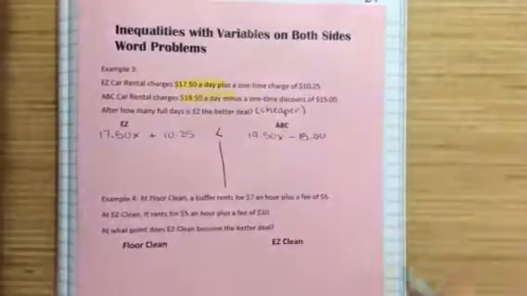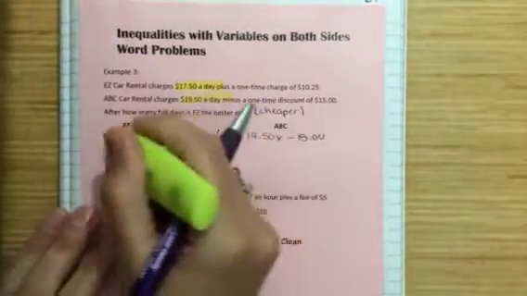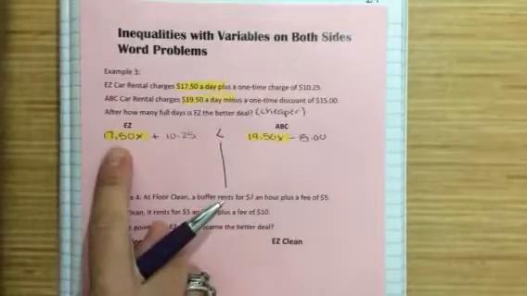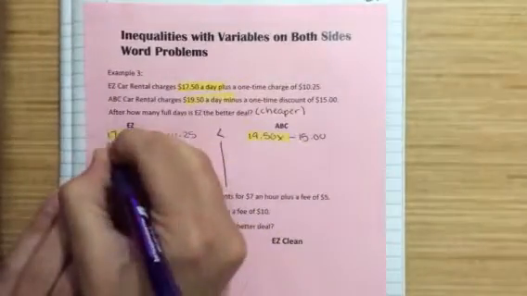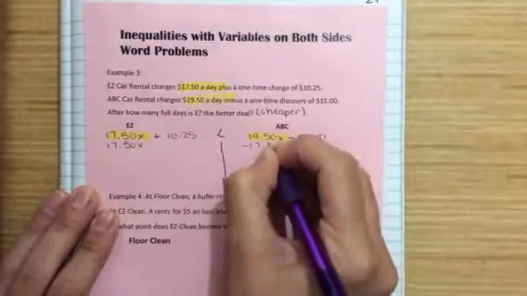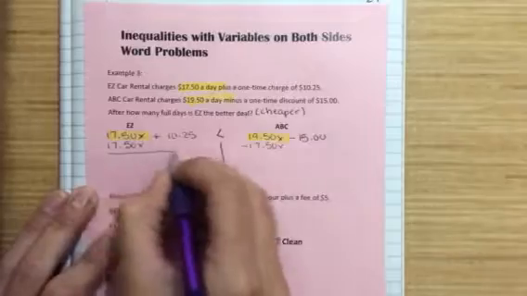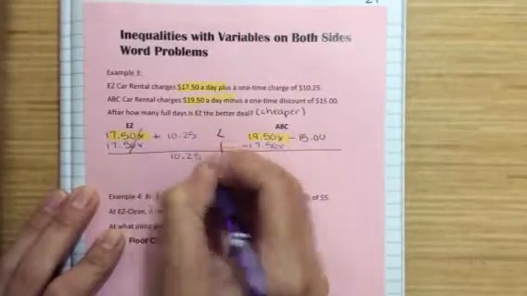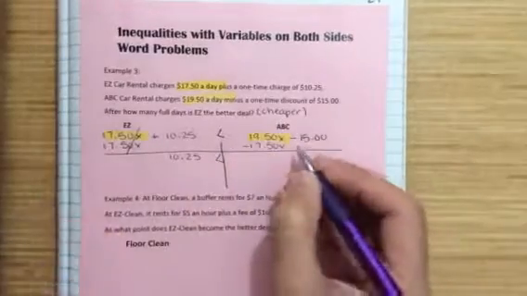Draw our line. We would go ahead and highlight our variables first. And the smallest variable is the 17.50. So we subtract that on both sides, minus 17.50x on both sides. Bring down the 10.25, keep your symbols.